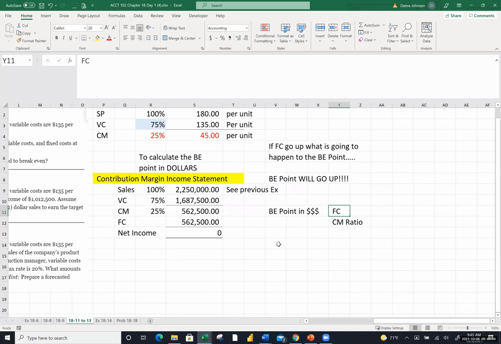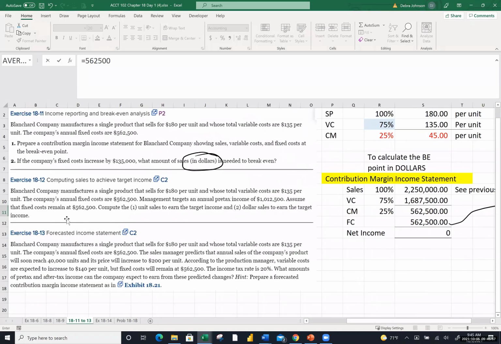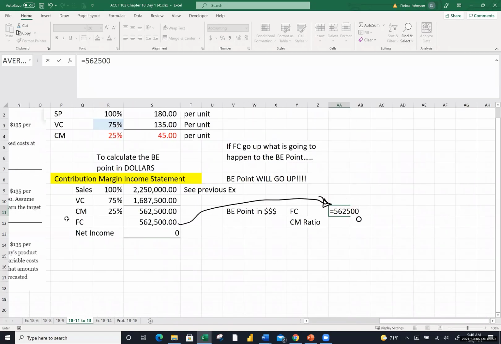So how much more will it be? Our old fixed costs were $562,500. Okay, I'm going to put in here $562,500. That's my old fixed costs. What they just told me in that problem is your fixed costs are going to go up by $135,000.